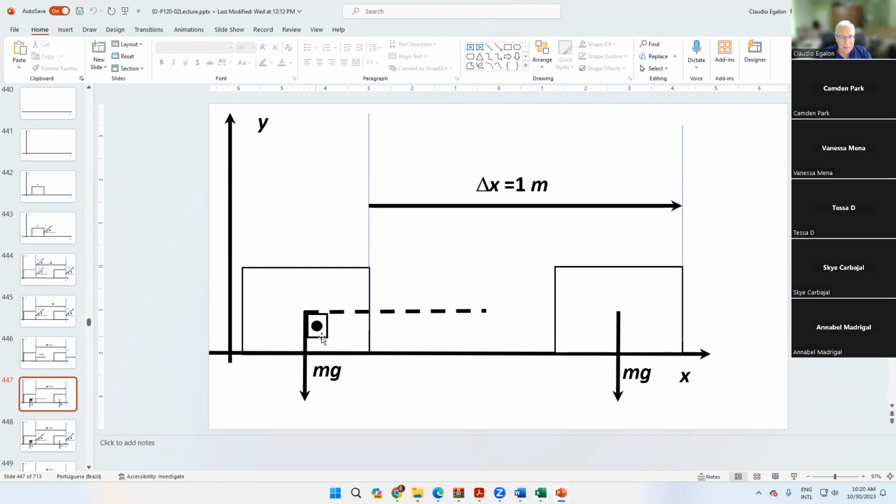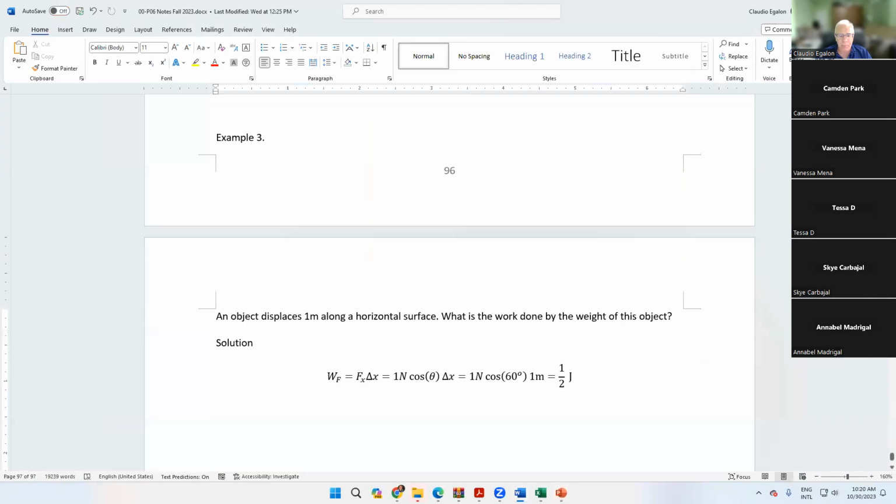Notice that the weight makes an angle of 90 degrees with respect to the displacement. Consequently, this angle here is going to be 90 degrees. It's not going to be 1 Newton, it's going to be mg. I didn't tell you what the mass is, but I don't have to, because the cosine of 90 degrees is going to be 0.